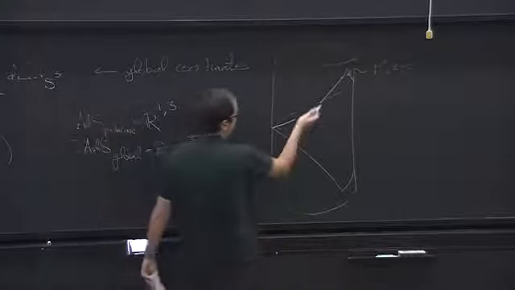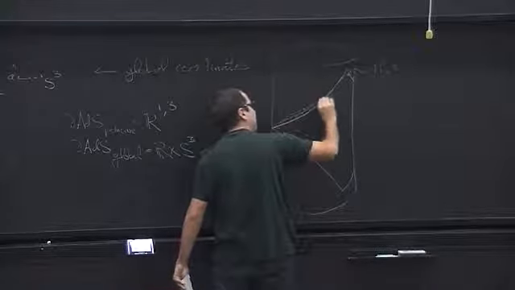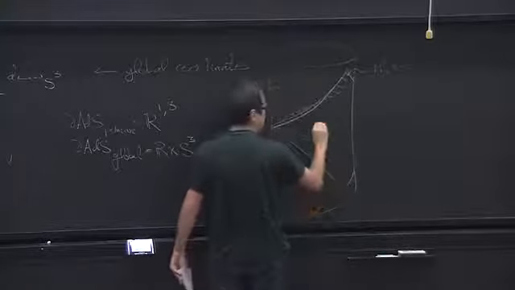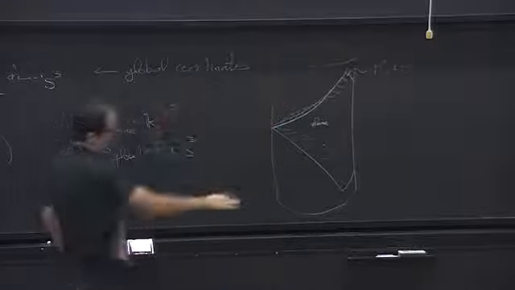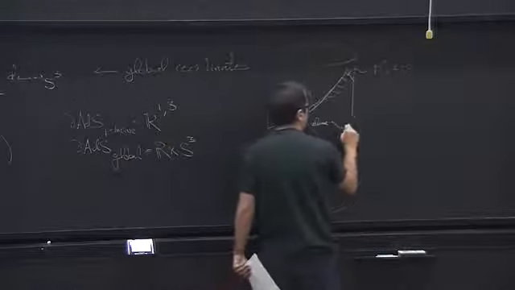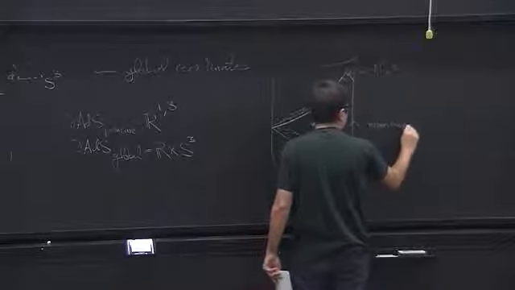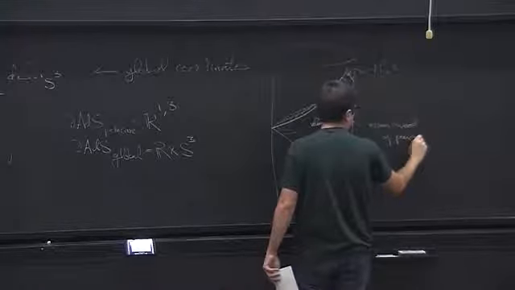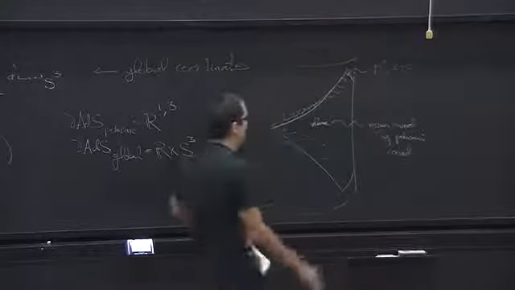And then there is some surface that I could try to draw here, some surface here, and some surface here, such that there is a volume inside, right? And this volume is what the Poincaré metric covers. So this is the region covered by the Poincaré coordinates. This is why people call it AdS global.